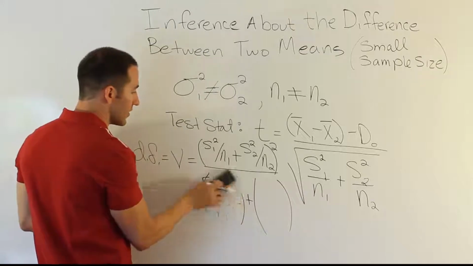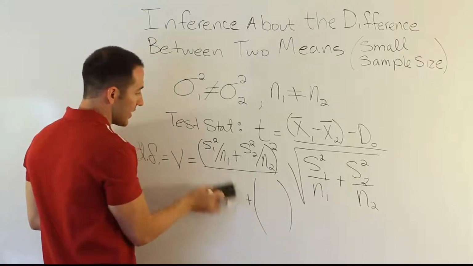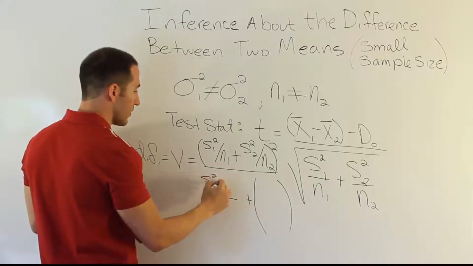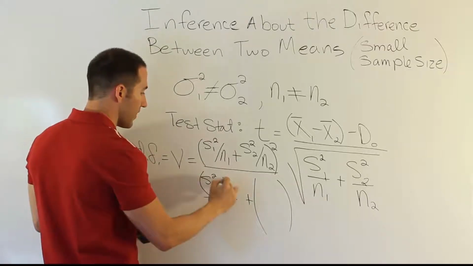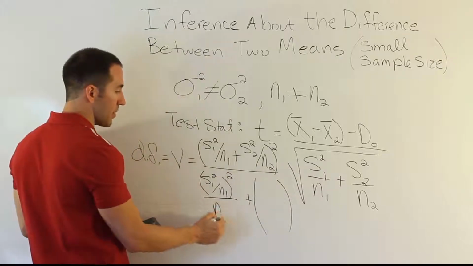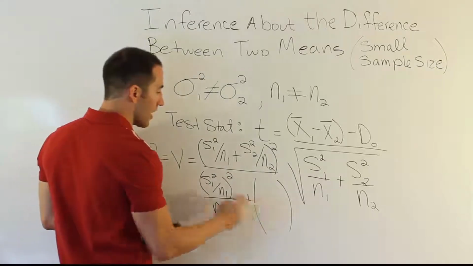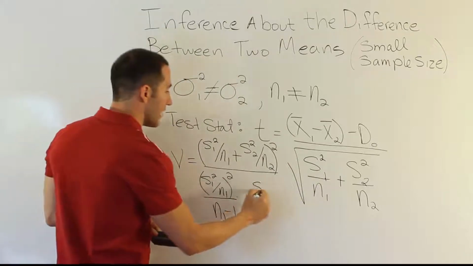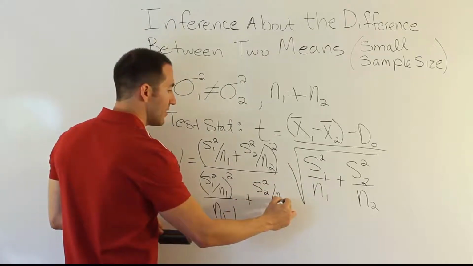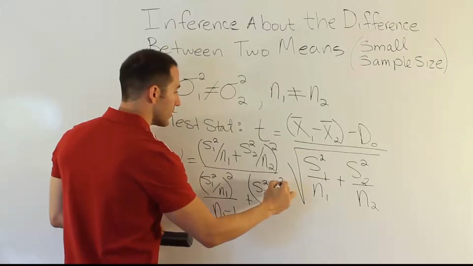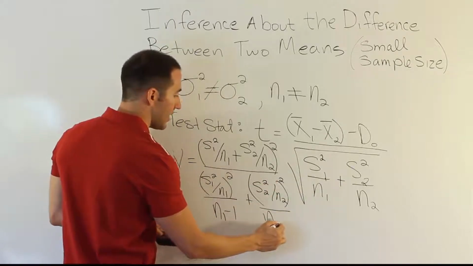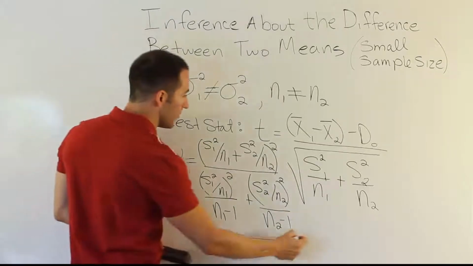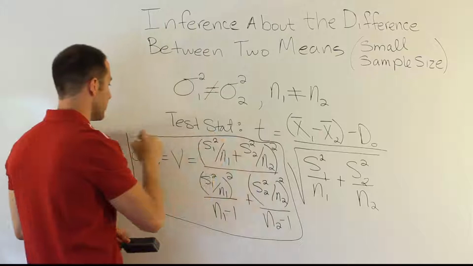I'm going to write this a little neater, it looks kind of sloppy. Again, it's a fraction involving S1 squared over N1, squared, divided by its degrees of freedom. And then the next fraction has the same kind of thing: S2 squared divided by N2, quantity squared, divided by N2 minus 1. So all of that becomes the degrees of freedom for this t distribution.